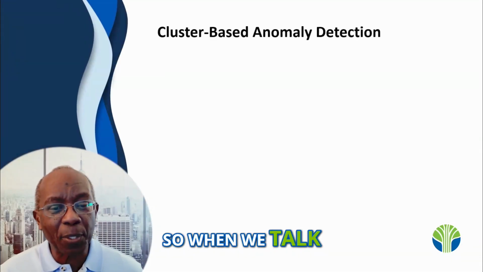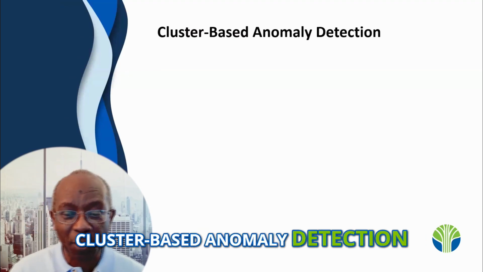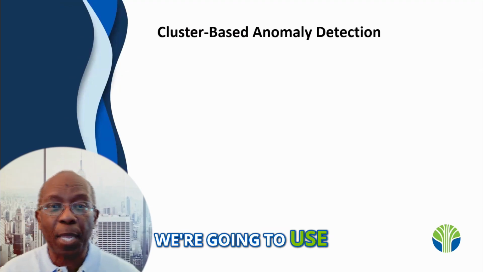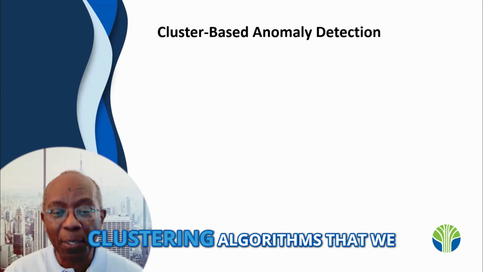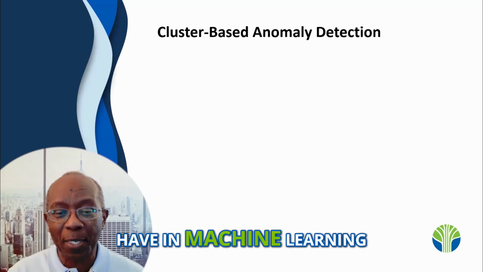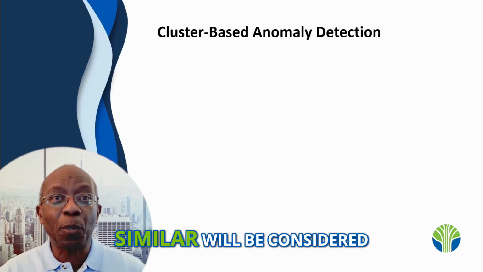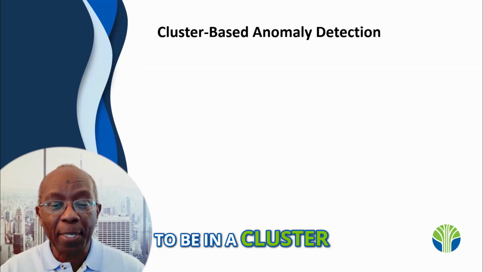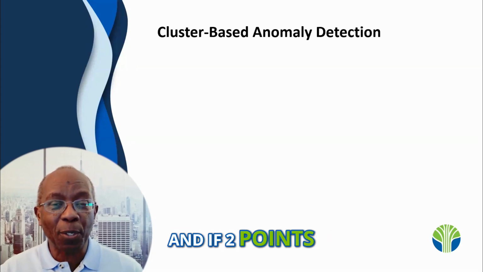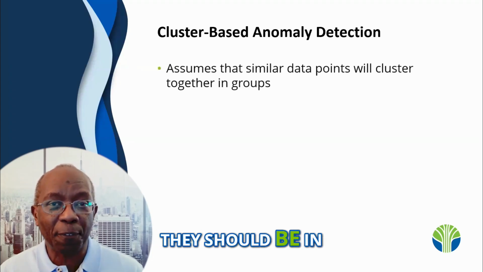So when we talk about cluster-based anomaly detection, we're going to use any of the regular clustering algorithms that we have in machine learning. Data points that are similar will be considered to be in a cluster, and if 2 points are not similar, they should be in different clusters.